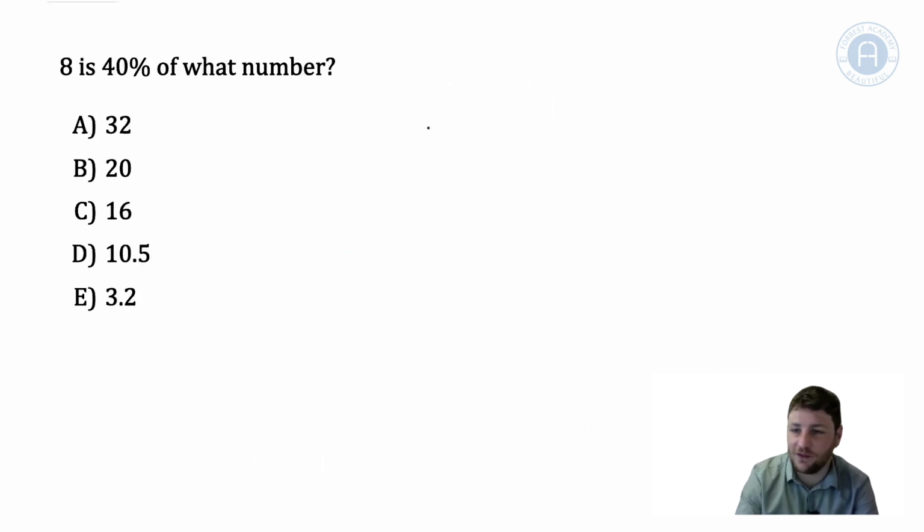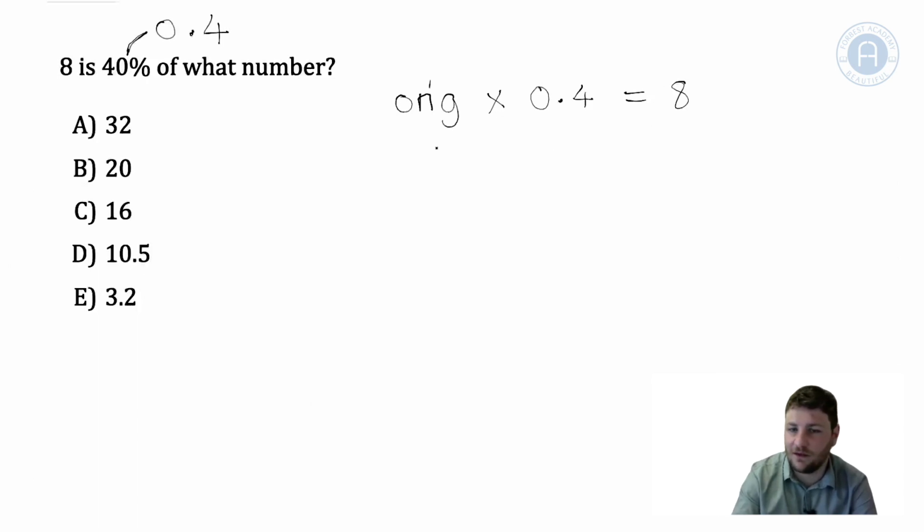We'll start off with the decimal multiplier method. So we said the decimal multiplier method, we're converting that percentage into a decimal. So 40% will become 0.4. And we know when we work this out, in the example, we did the original amount multiplied by our decimal multiplier to give us essentially our answer. 8 is 40% of our original number.